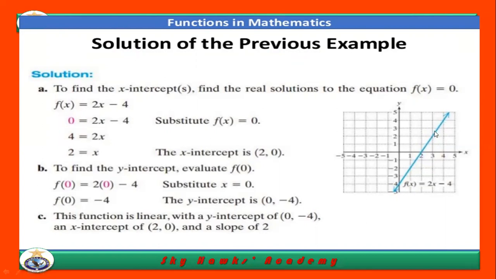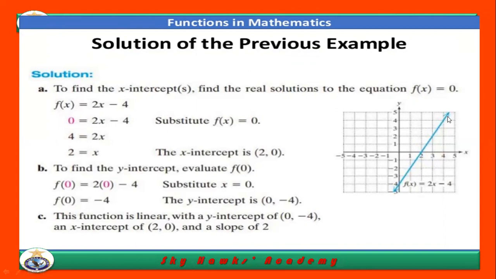This function is going upward, I mean to say its slope is positive. And one more thing is that it is crossing the x-axis at 2, where y is 0. So the x-intercept is this one, and its slope is positive, that is 2, and it is tilting right and going up and up.